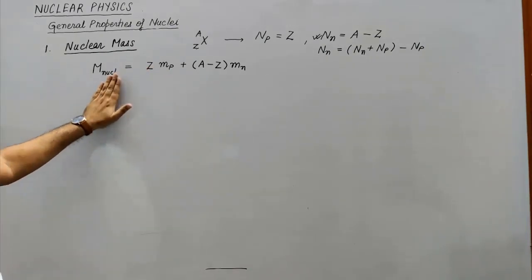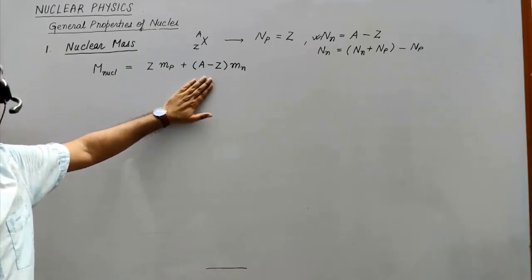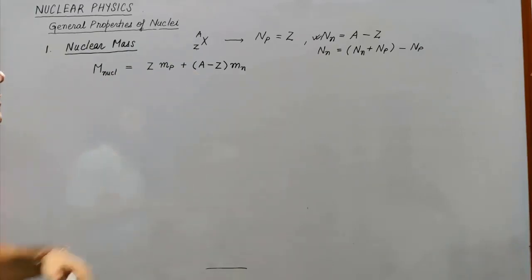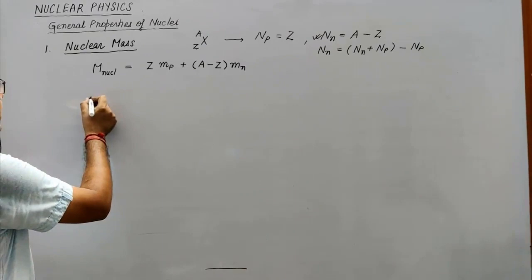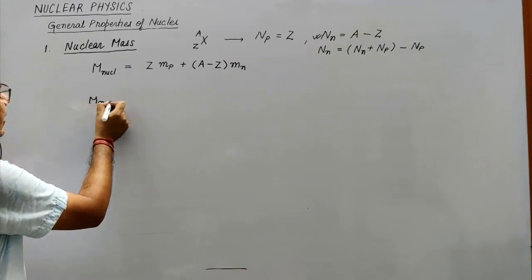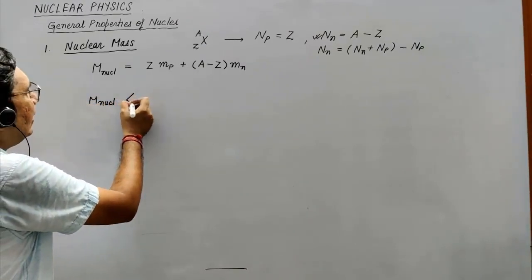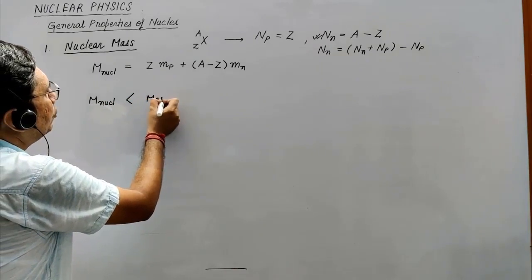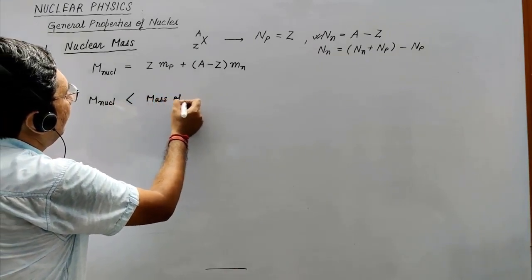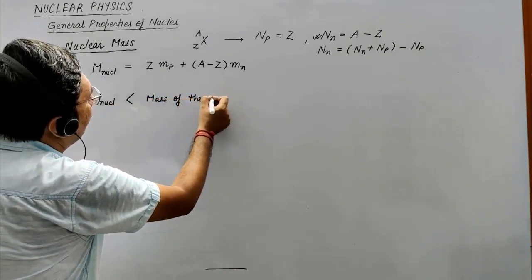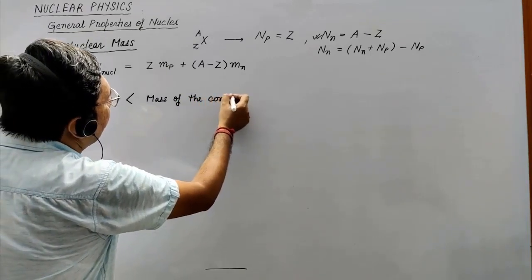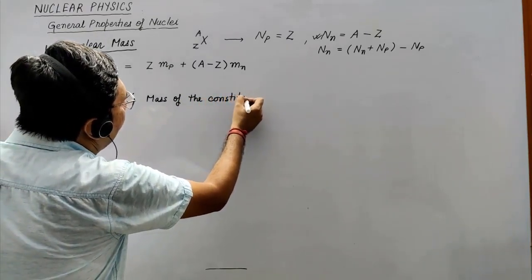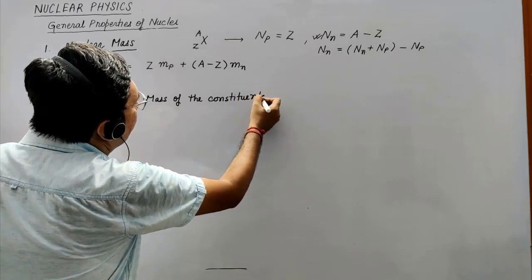You will find out that the mass of the nuclei is always less than the mass of the constituent particles.